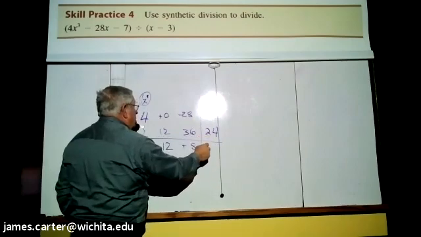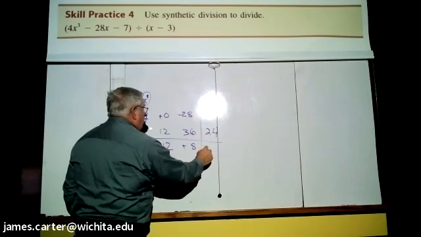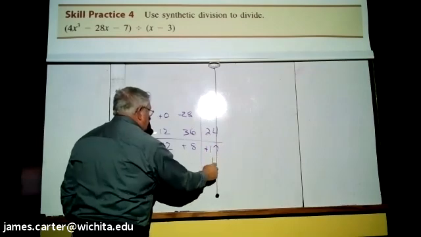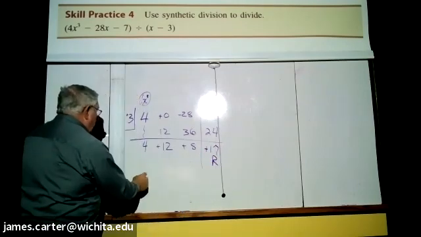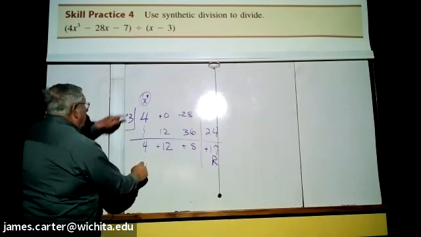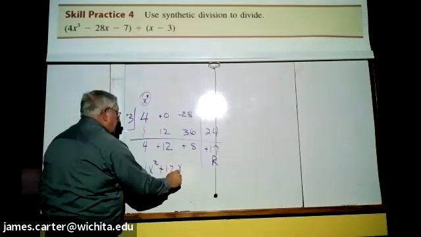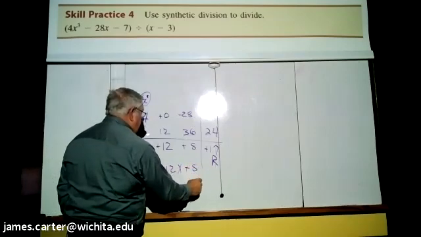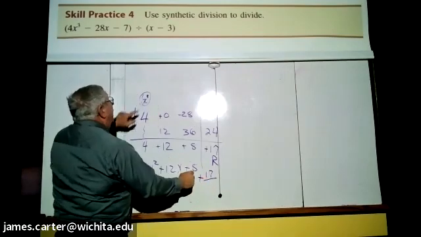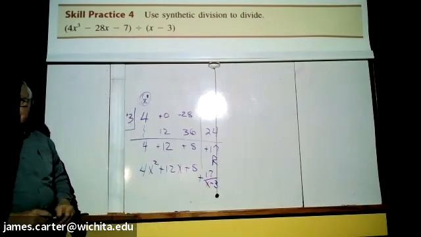So I add those and I get positive 17 remainder. So what is my answer in the end? I'm going to have 4x squared plus 12x plus 8 plus 17 over x minus 3. And that'll be my answer.